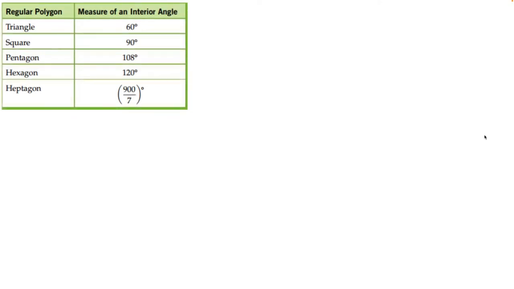Now let's consider regular polygon and the measure of an interior angle. Think back about the sum of the interior angles of regular polygons. What was the formula for the sum of the interior angles of a regular polygon?